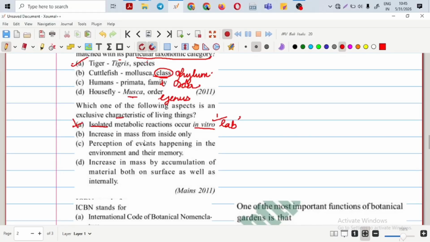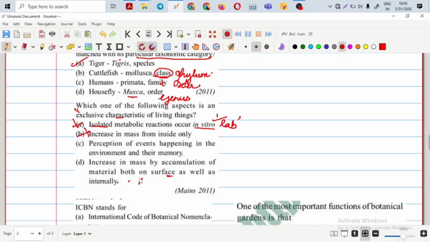The sentence itself is wrong. The increase in mass from inside only, no. Perception of events happening in the environment and their memory, that is true. Increase in mass by accumulation of materials on surface as well as internally. So this is also partly true, but we cannot say that it is an exclusive character of living beings. See, imagine that this mass accumulation of material on the surface can also happen in non-living things, right?